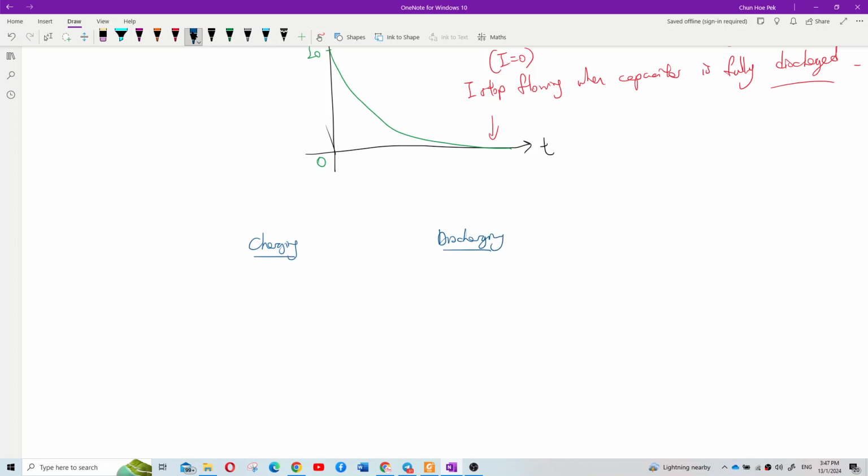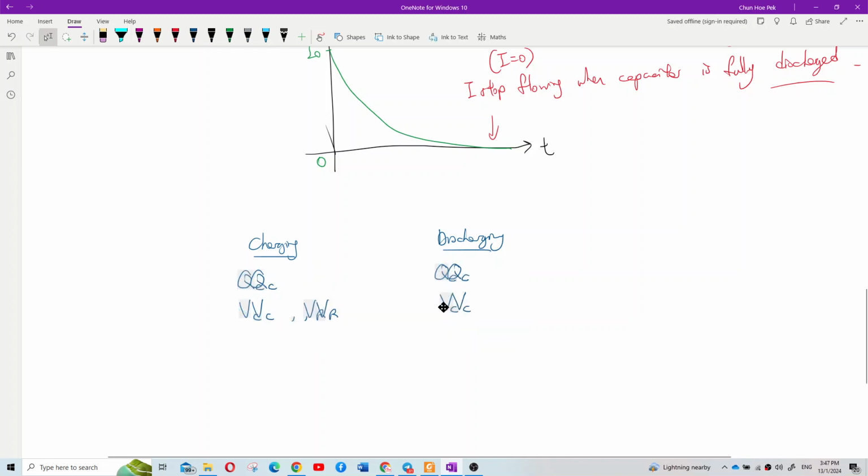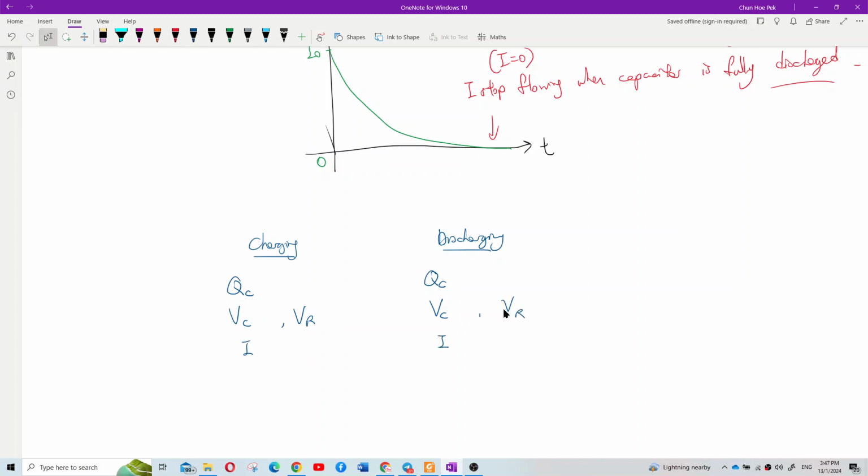Charge of capacitor, voltage of capacitor, also the voltage for resistor, and the current flow. Okay, class. Charging process. What happened to the charge? Increase. Voltage of capacitor increase. Voltage of resistor decrease. Current decrease.